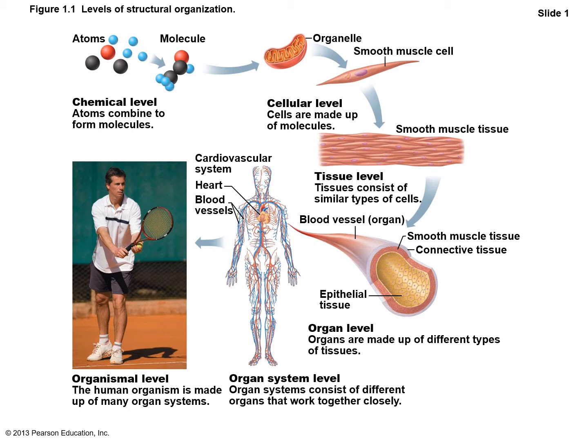Alrighty, let's start with the level of structural organization of our human body. We're going to start with the smallest particles that we are made out of, and we're going to move our way up. So, a human organism, within our body, we have atoms.